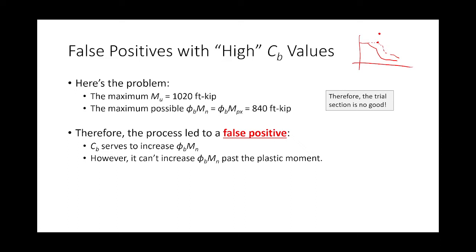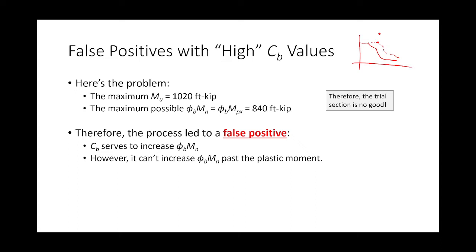And to be clear, our differential equation solution, remember how we treated moment as a constant, and so that corresponded to a CB of 1? Well, that solution assumes that you have to reach that capacity everywhere on the beam, but that's not really fair. If you have a simply supported beam with a point load right in the middle, you only need to develop that maximum flexural capacity at the middle.